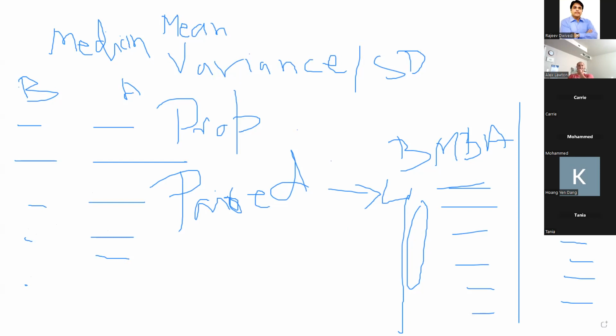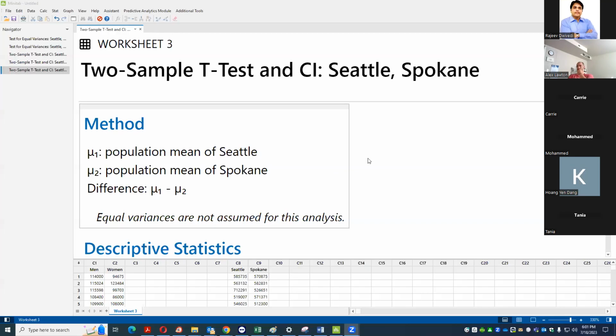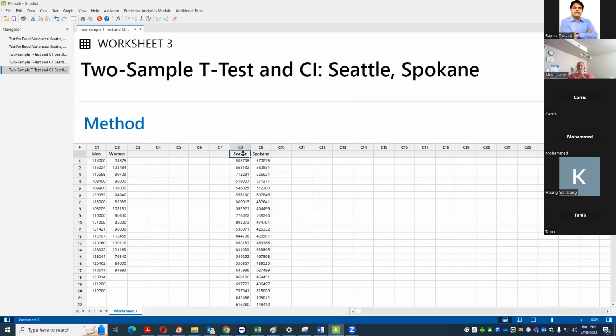I'm just making it clear. Here, let's say these are housing prices before COVID, and this is after COVID.